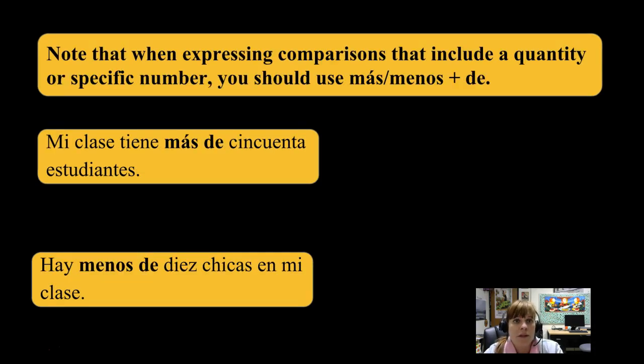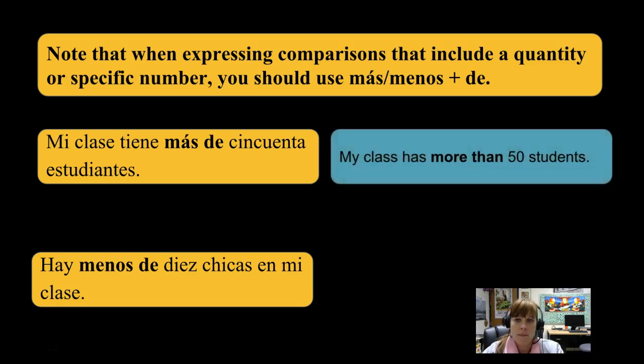So note that when expressing comparisons that include a quantity or specific number, they don't use que, they use de. So if you're specifically talking about a number, you have to say más de or menos de. Mi clase tiene más de 50 estudiantes. My class has more than 50 students. Hay menos de 10 chicas en mi clase.